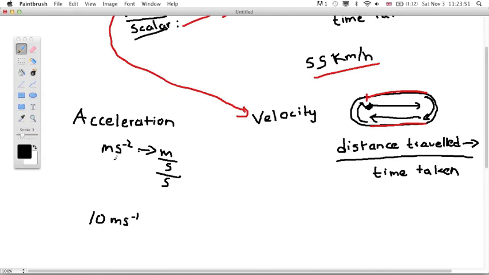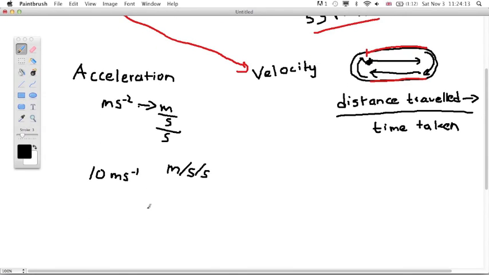Get it? Every second he's increasing his speed by 10 meters per second. So that's why it divides by a second twice.